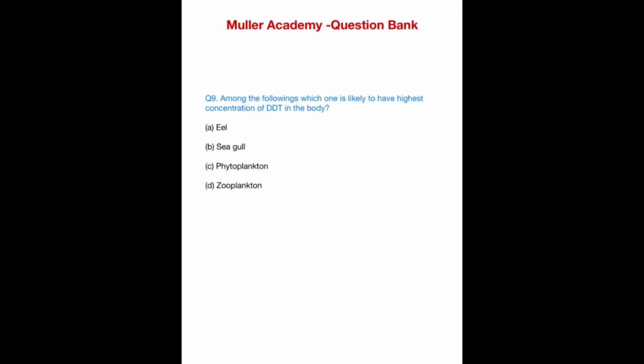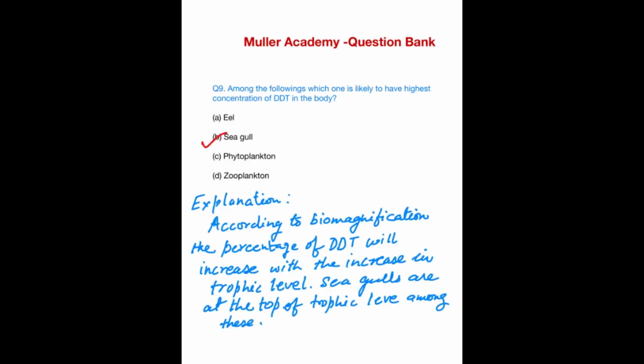The next question is, among the following, which one is likely to have the highest concentration of DDT in its body? Eel, seagull, phytoplankton, zooplankton. The answer is seagull. Why? Eel is a fish.